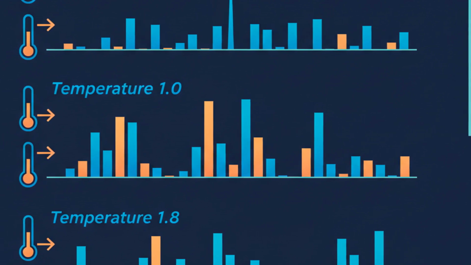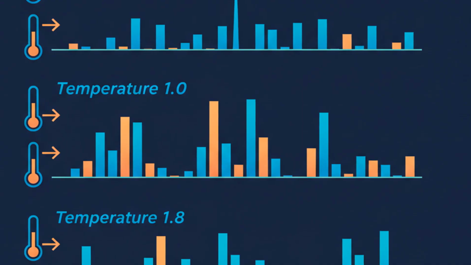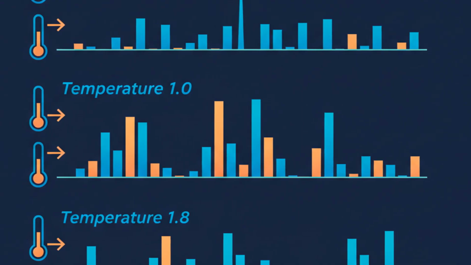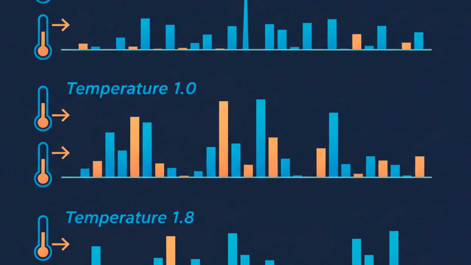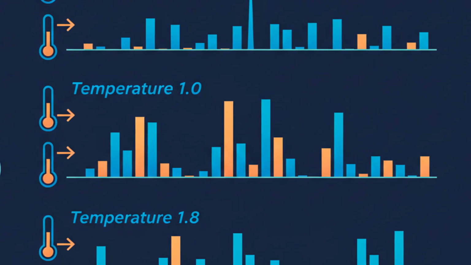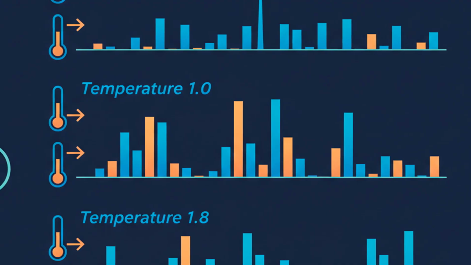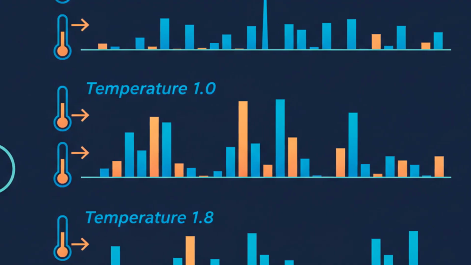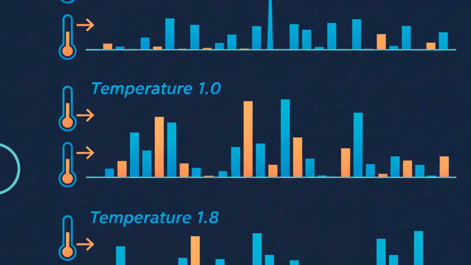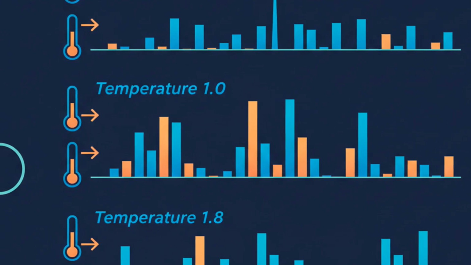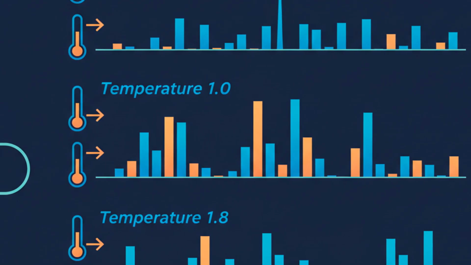The distribution becomes sharper, more peaked. Raise temperature to 1.5 and the opposite occurs. Everything flattens out, giving unlikely words a fighting chance. Temperature 0? That is essentially greedy decoding. The highest probability word wins every time.